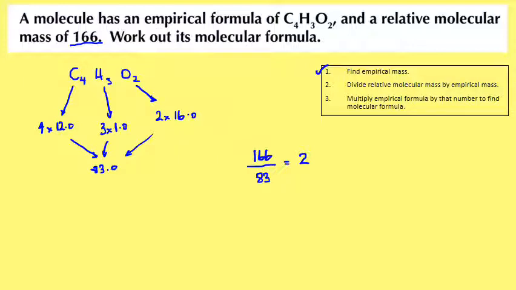Okay, so what that tells us, because this is about the molecule, and this is just the ratio of atoms, is that there are going to be 2 units of the empirical formula in the molecular formula. That's what that's telling you.